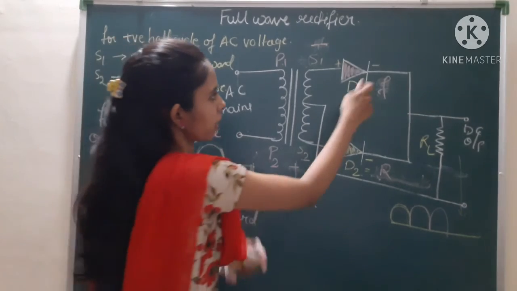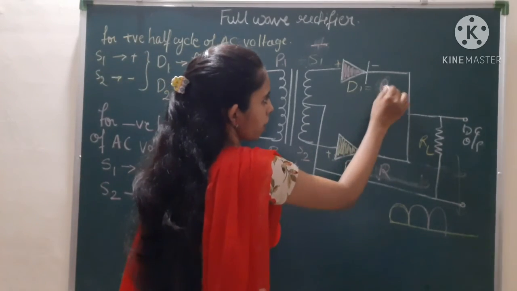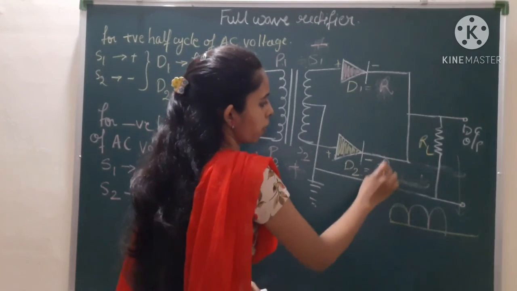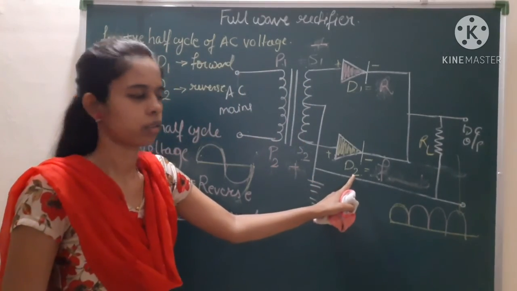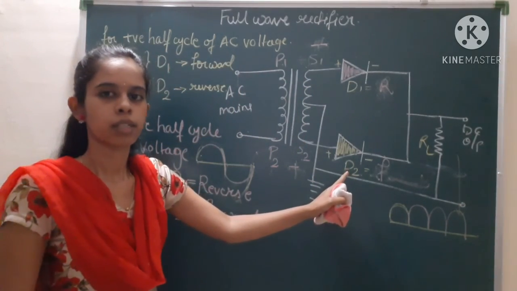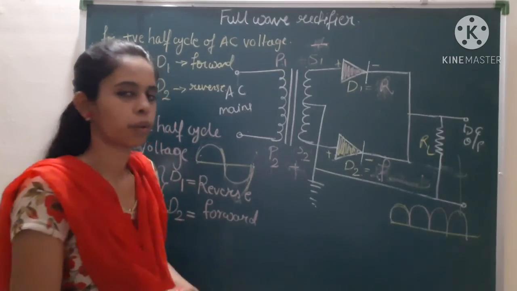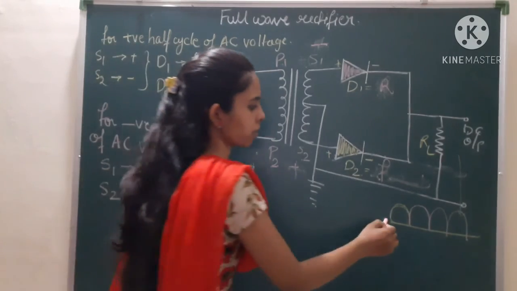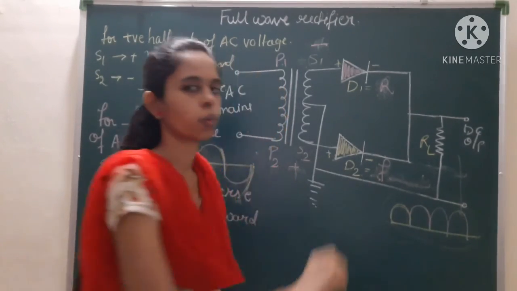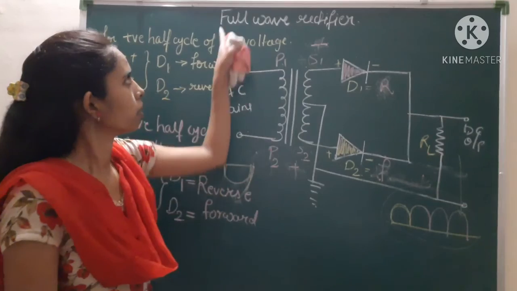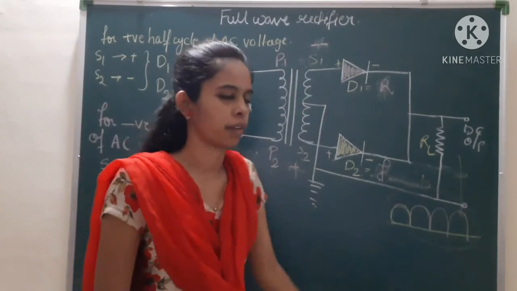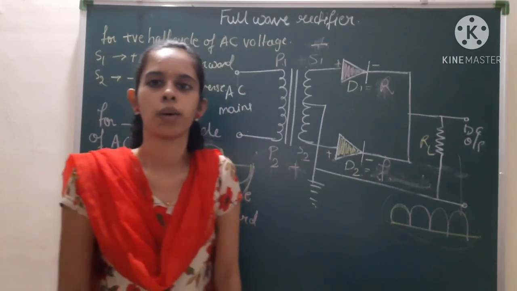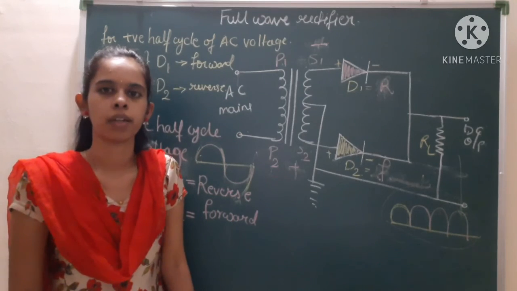Therefore this diode again works in reverse bias and this diode will work in forward bias and you will get a cycle due to this D2. Okay. So this is going on processing. So this is the DC output voltage you got, and this DC output is called as what? Full wave rectifier. Okay. So I think you have understood about full wave rectifier.